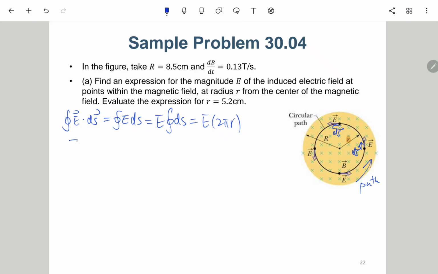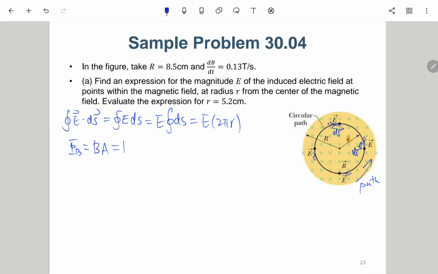And then phi b will be B times A. Originally it should be the surface integral of the B field enclosed by the loop. But the B field is uniform and also points in the same direction as dA, so it turns out to be a multiplication.